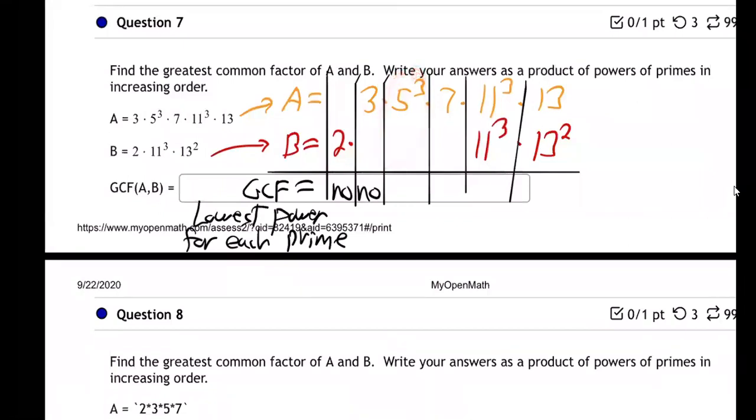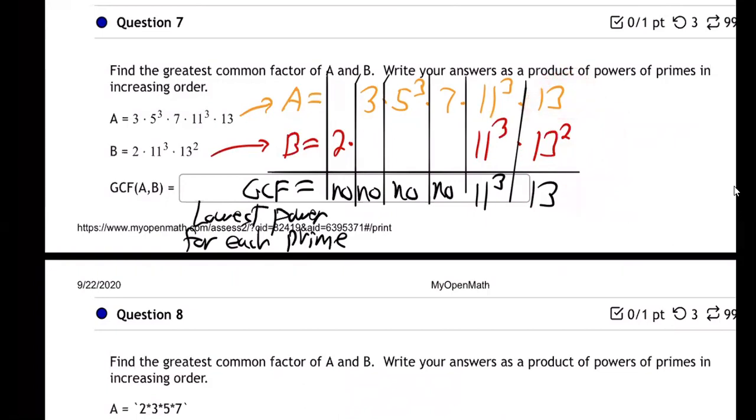When it comes to the 5s, the lowest power is none. When it comes to the 7s, the lowest power is none. When it comes to the 11s, the lowest power is 11 to the 3rd, right? They both have the same power, so the lowest is just that power. When it comes to the 13s, the lowest power is just a single 13. It's just this one right there.